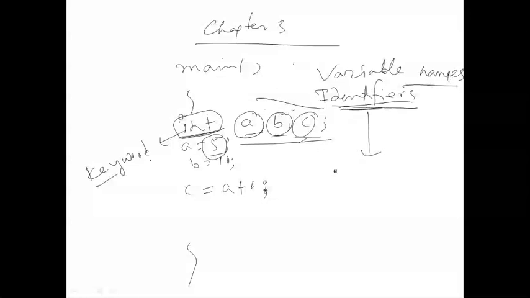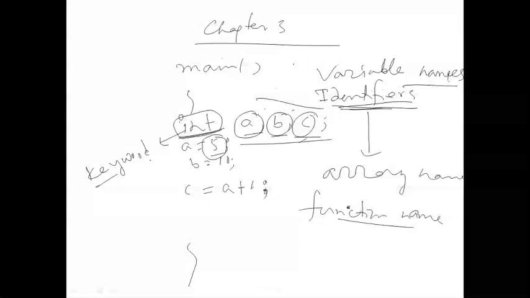Here the name of an array, array name and function name are also in this category, called identifier. So hope you understood identifiers.